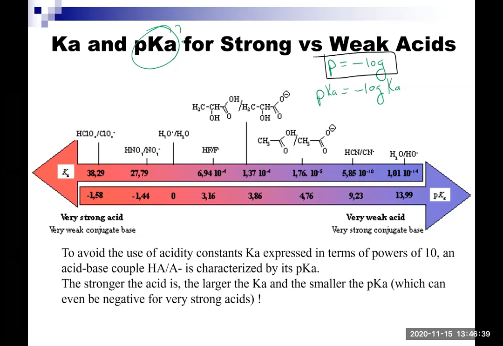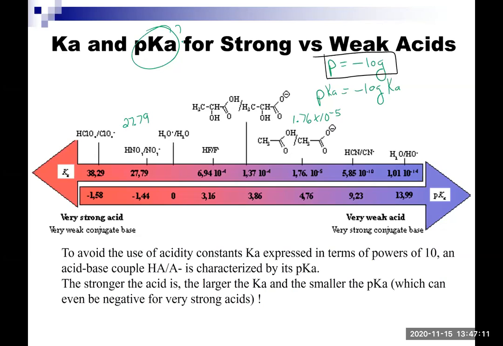So let's start by looking at something like acetic acid. Acetic acid has a Ka of 1.76 times 10 to the minus 5. And then if we look at the Ka of something like nitric acid, it has a Ka of 27.79.